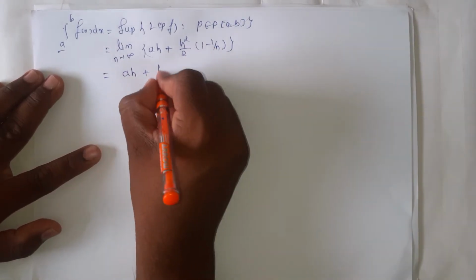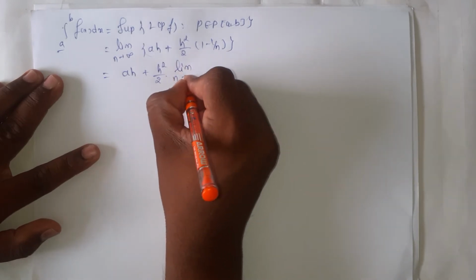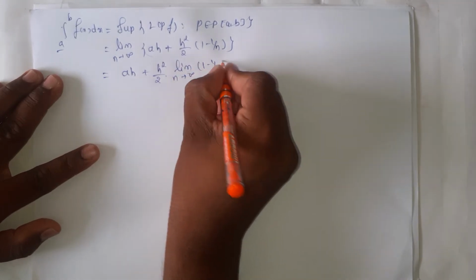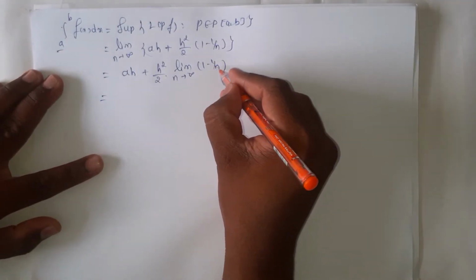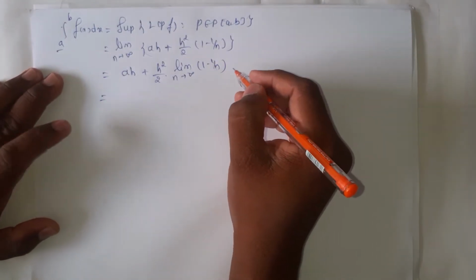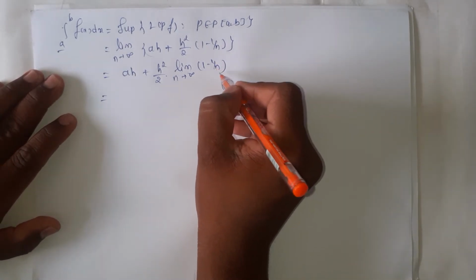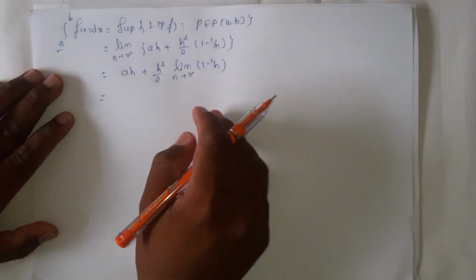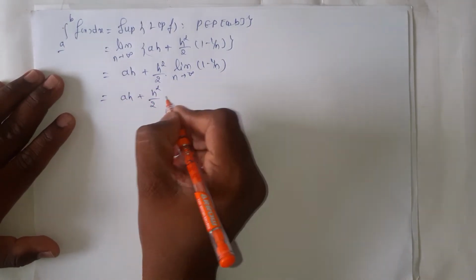And here h square by 2 is constant, then limit as n tends to infinity 1 minus 1 by n. So here this 1 by n becomes 0 after applying the limit, because n is tending to infinity. Then if you put n as infinity, that 1 by infinity becomes 0. So therefore this is a h plus h square by 2.